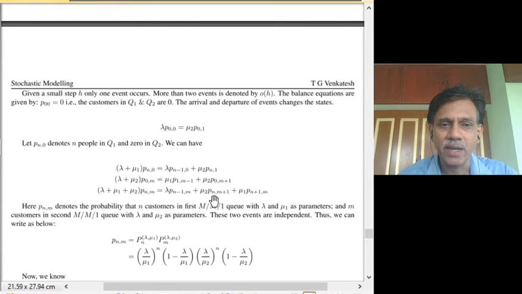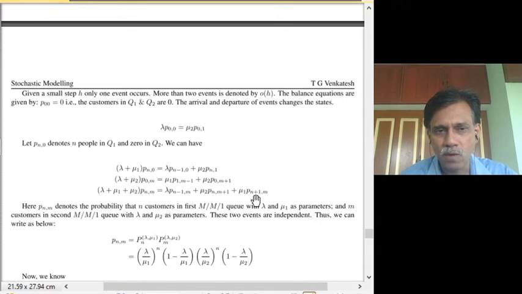Or when there is n comma m plus 1, a service completion in the second queue will decrease m plus 1 to m. Or if you have n plus 1 customers in the first queue with m in the second queue, a service completion, sorry, this has to be m minus 1, correct, because a service completion in the first queue will take a customer from the first queue and send it to the second queue.